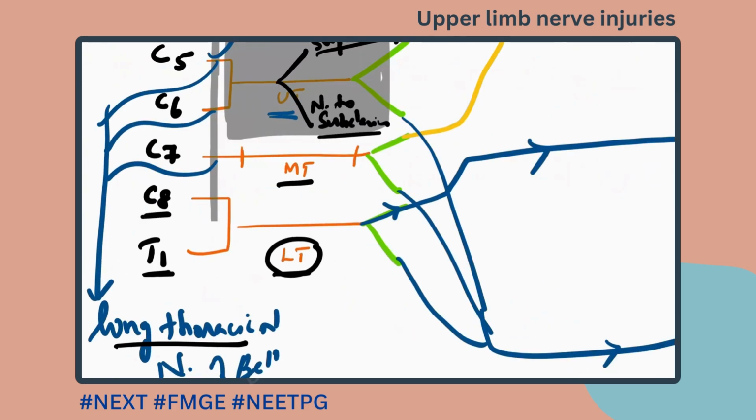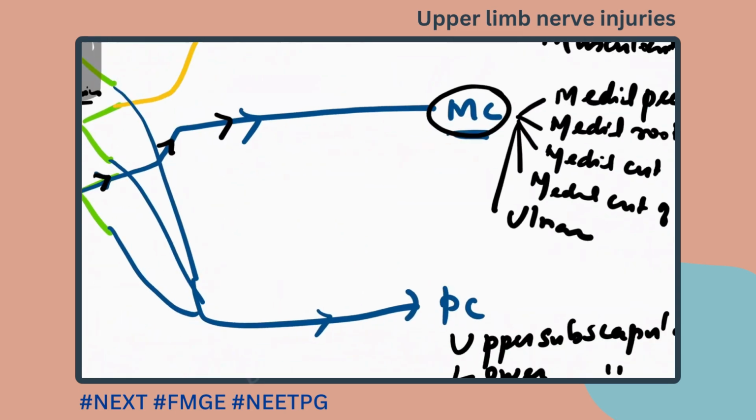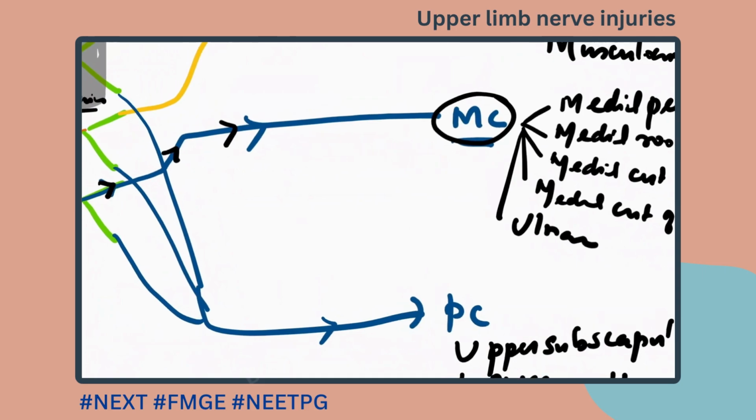So C8 and T1 join to form the lower trunk. And if you observe very clearly, the anterior division of the lower trunk forms which cord? What is the main nerve of the medial cord? Ulnar nerve.